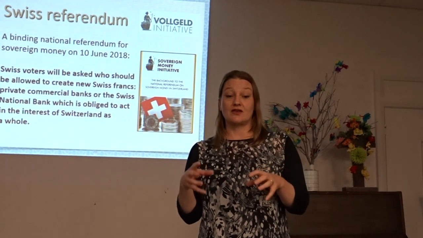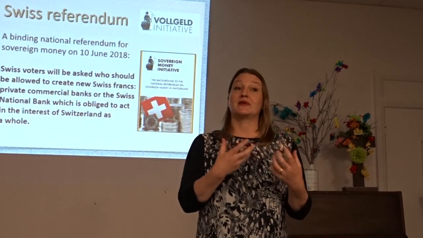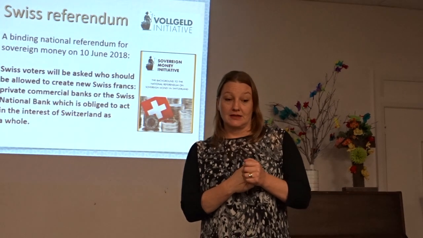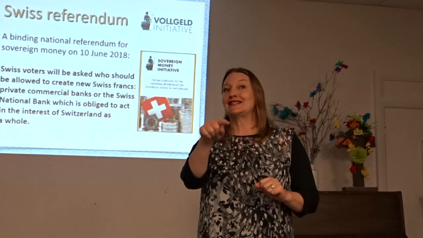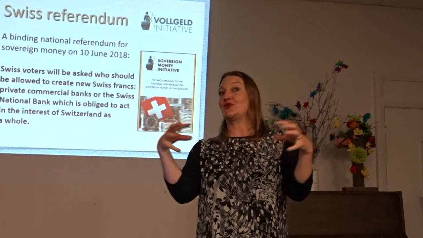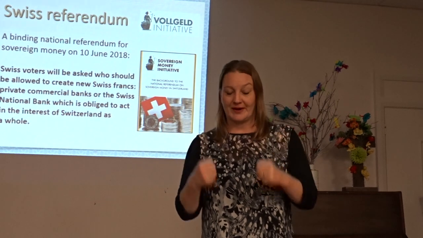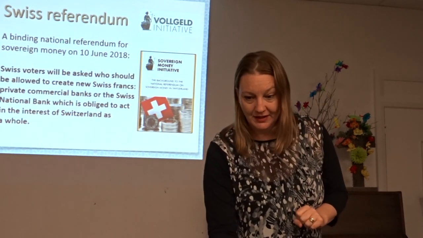It'll be the first country who's gone back to a proper sovereign system. So they will be asked, who should be allowed to create new Swiss francs, private commercial banks, or the Swiss National Bank, which is obliged to act in the interest of Switzerland as a whole? Knew which one I would vote for. But you do have a lot of vested interests putting their 2 cents worth into their argument, so it is quite an argument over there.